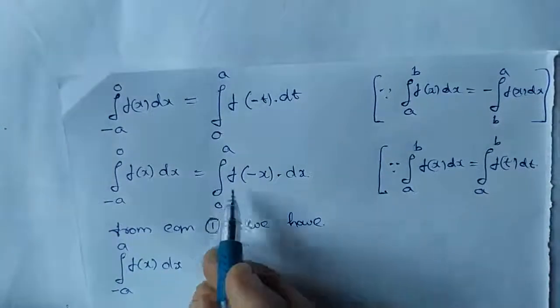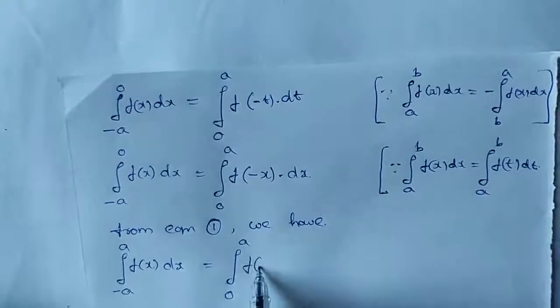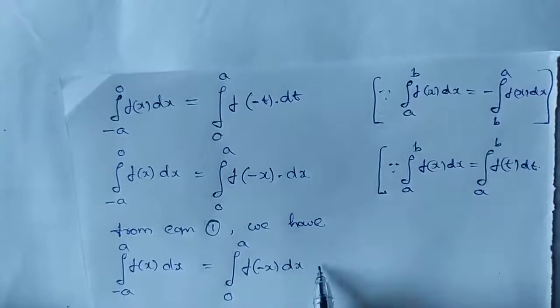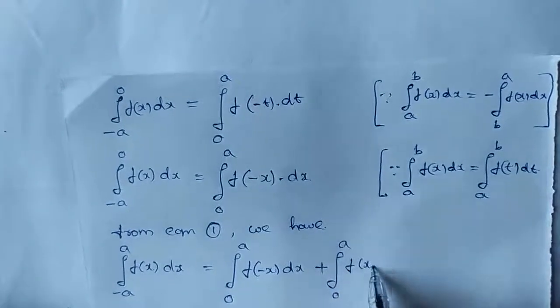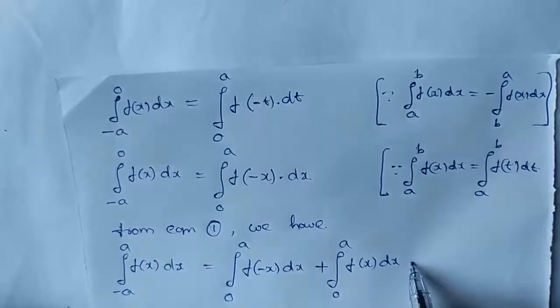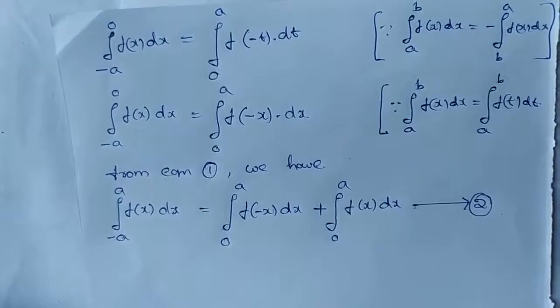In place of minus a to 0, let us apply this one. So integration of 0 to a f of minus x dx plus integration of 0 to a f of x dx. Let us call this equation number 2.